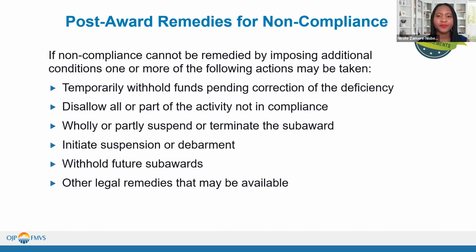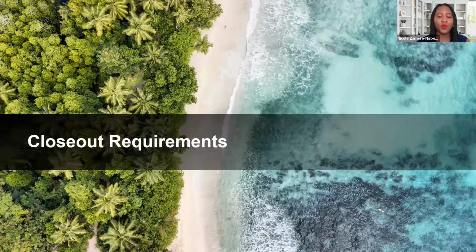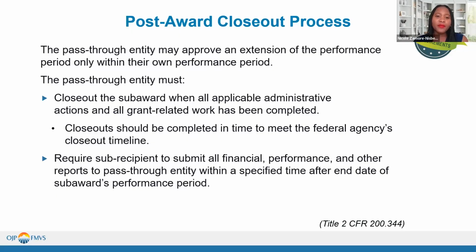Next slide, please. We're going to review the post-award closeout process. Next slide. We recommend pass-through entities start the closeout process early enough to give their organization sufficient time to meet the federal deadlines.